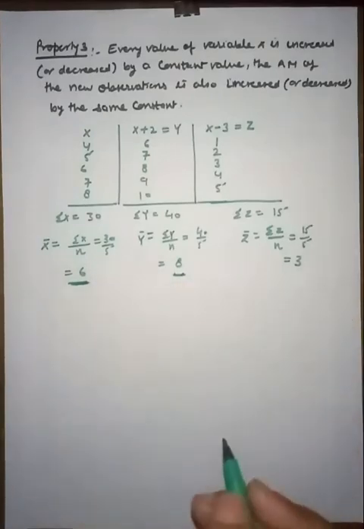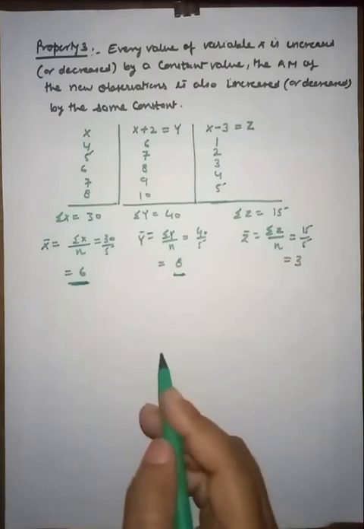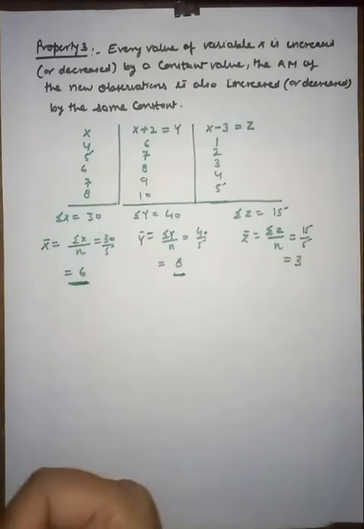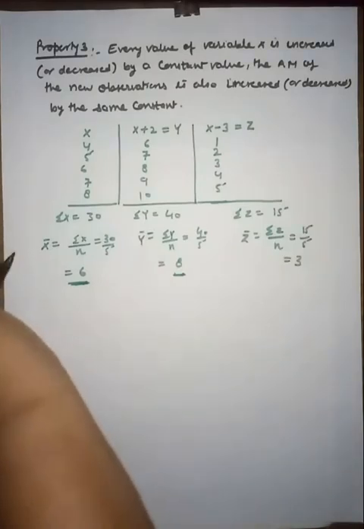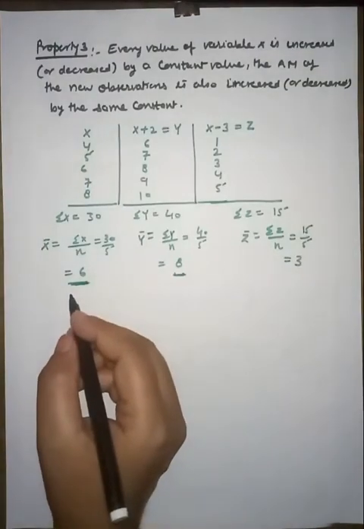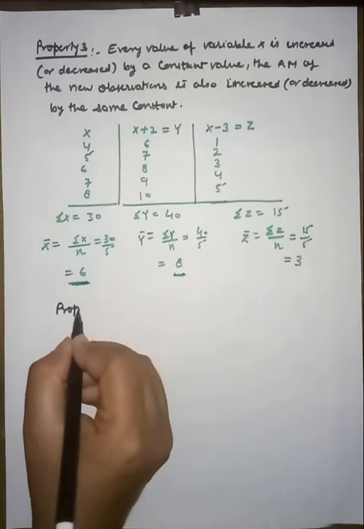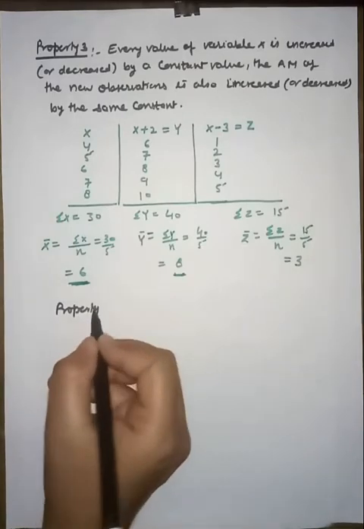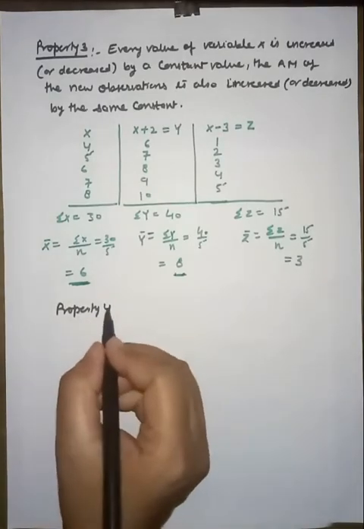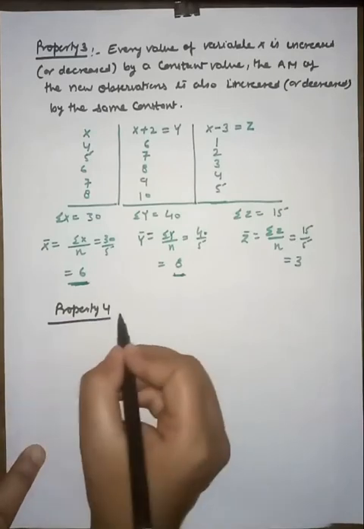So this is property third. Now move on to the fourth property. Property 4.